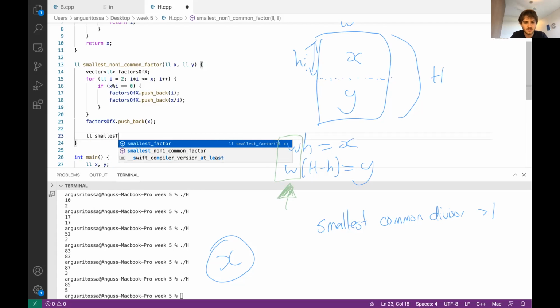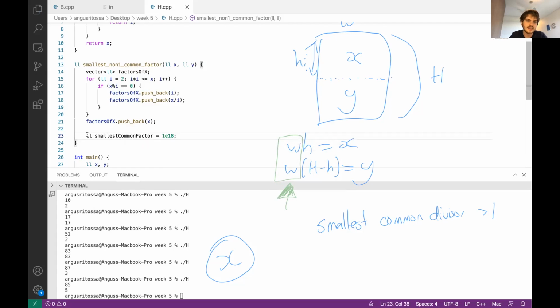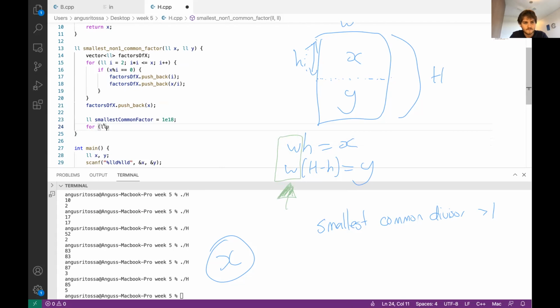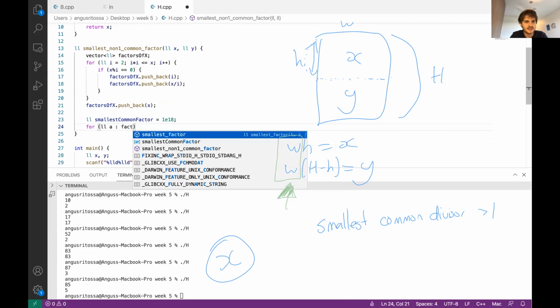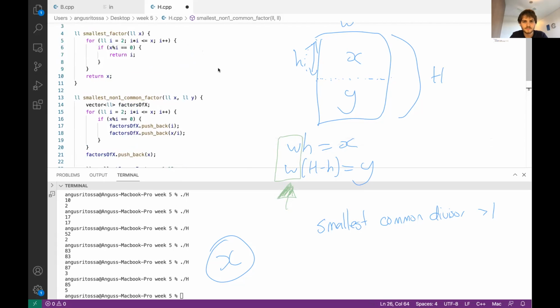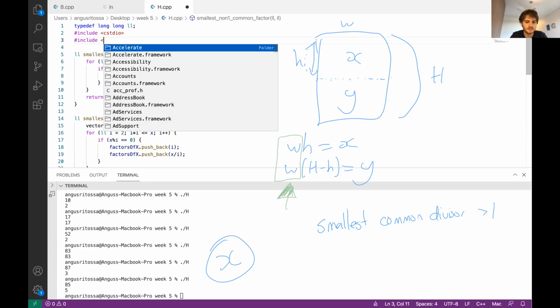So let's have the smallest common factor set to infinity. So 1e18, infinity we'll say, is currently the smallest common factor. Then we loop through every factor of X. For every factor a of X, if a is a factor of Y, so if Y mod a is 0, then update this to be the smallest one found so far.